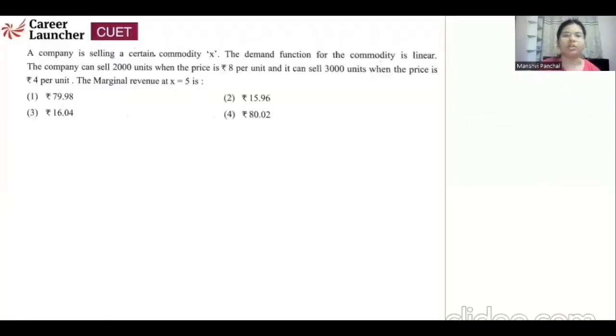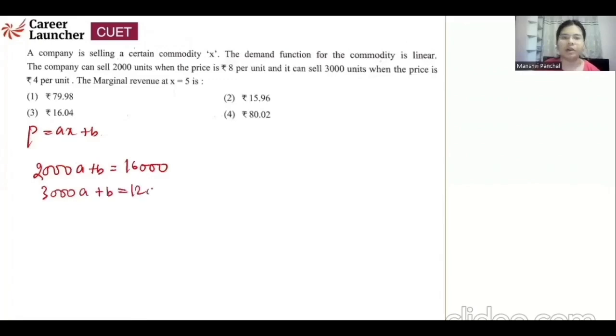So in this question, the company is selling a certain commodity X. Let's say P is AX plus B, right? This is the demand function. When X is 2000, it is selling at 8 rupees per unit, it means 8 into 2000 will be 16,000. And when it is selling 3000, it is selling at 4, it means 12,000.